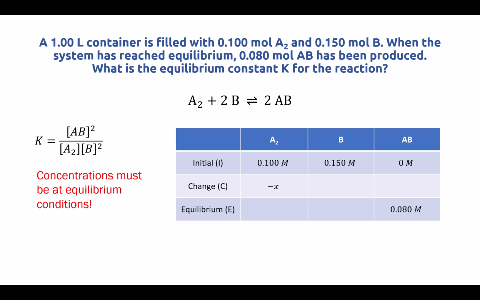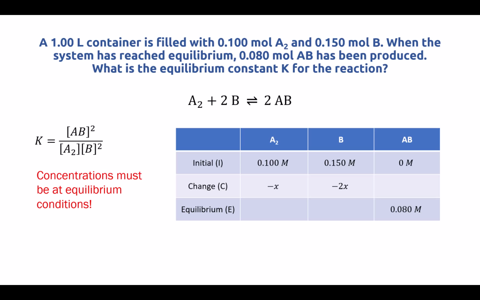And because of our 1:2 ratio of the A2 to the 2B, every time we lose one equivalent of A2, we're going to lose 2 equivalents of the B. So the coefficient to your X term should be the same as the coefficient from the chemical equation. So because it's a 2, it's going to be minus 2x.